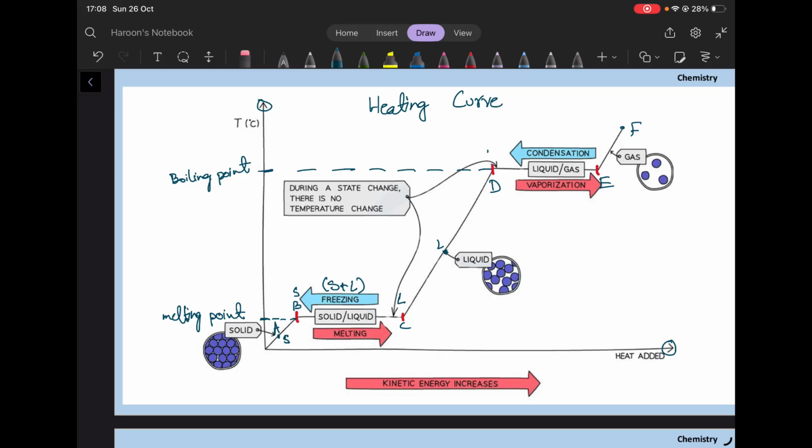At D, we have all liquid. The horizontal stage of the graph shows that the change in state must be occurring. So over here we have a mixture of liquid plus gaseous state. At E, the entire substance would have converted into a gaseous state. And now, as you can see, the temperature starts increasing. Why? Because the entire substance has converted into a gaseous state.